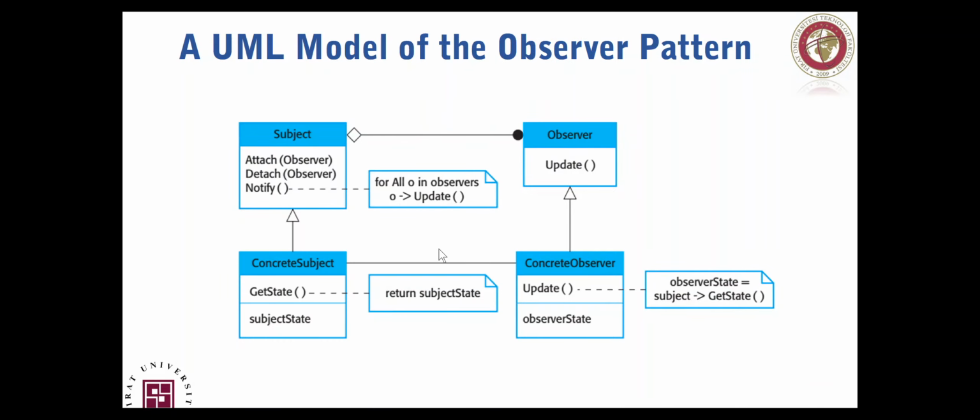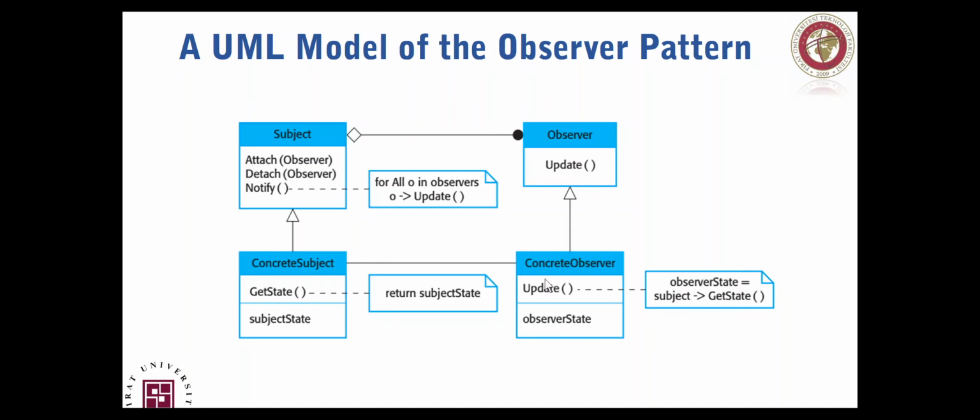Now look, we have our subject as an abstract class, and we have the observer, also an abstract class. The subject has the general functionalities and attributes that we need. And here we also have the general mechanism for updating the presentation.